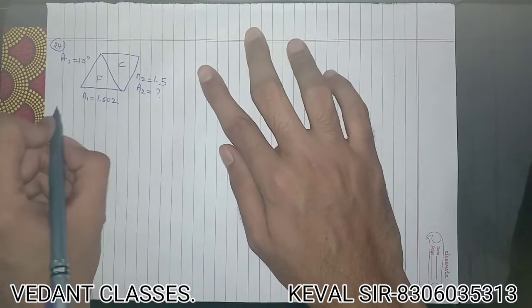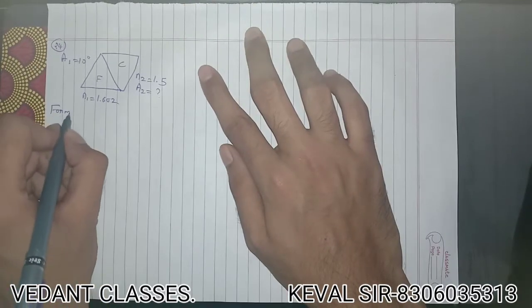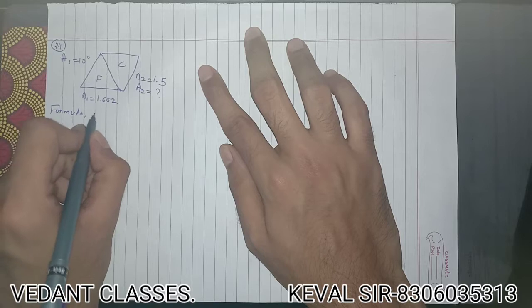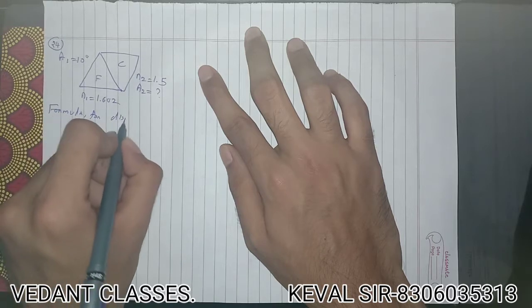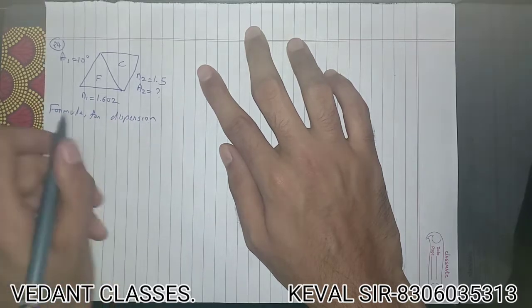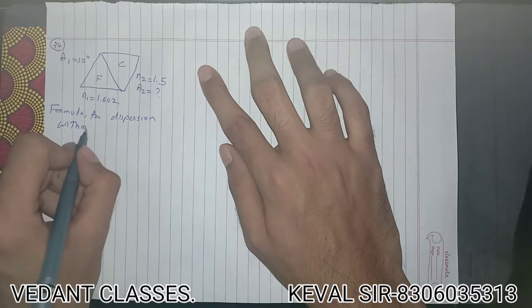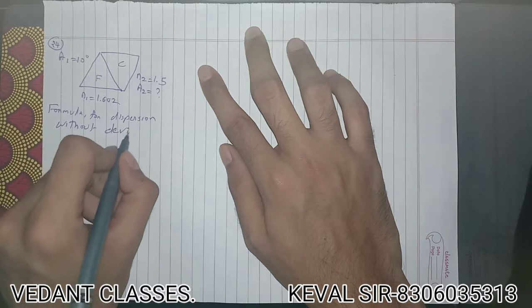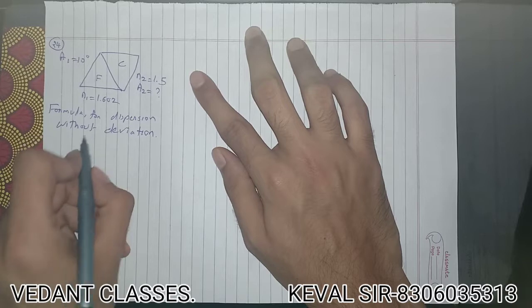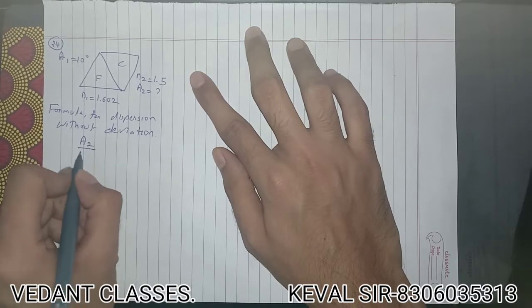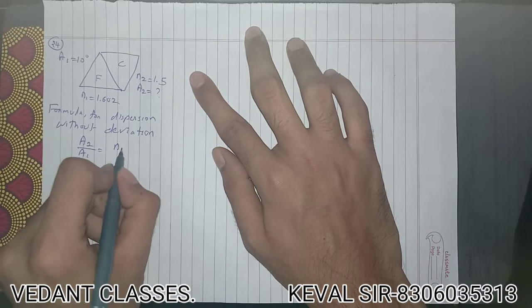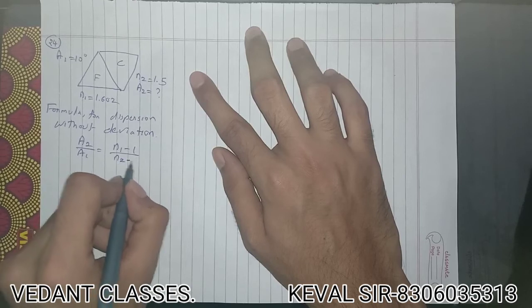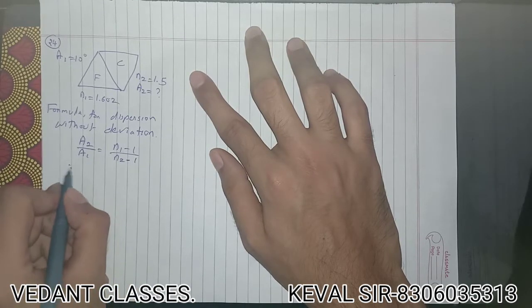Now the formula for dispersion without deviation is A2 upon A1 equal to (N1 minus 1) upon (N2 minus 1). Just substitute all the values.